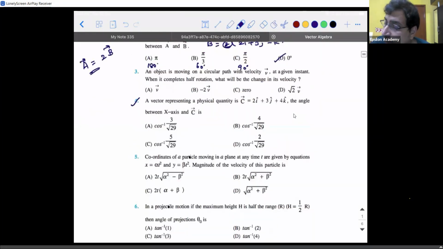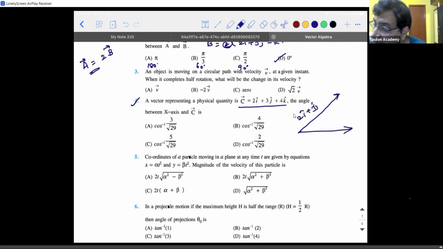So, a vector representing a physical quantity is given by C vector is equal to 2i cap plus 3j cap plus 4k cap. The angle between x-axis and C vector. So how to solve? What is the equation?